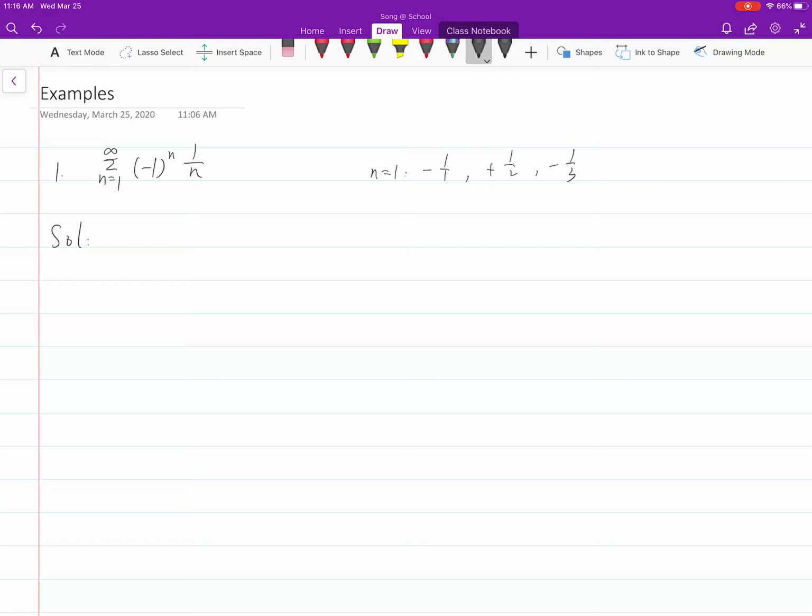You notice, when n is even, negative 1 to the even power, 2, 4, 6, 8, always gives you positive. When n is odd, 1, 3, 5, it always gives you negative. So, of course, this is alternating. Another way to simply say it is, I look at this and it looks exactly like the definition, so it's alternating.